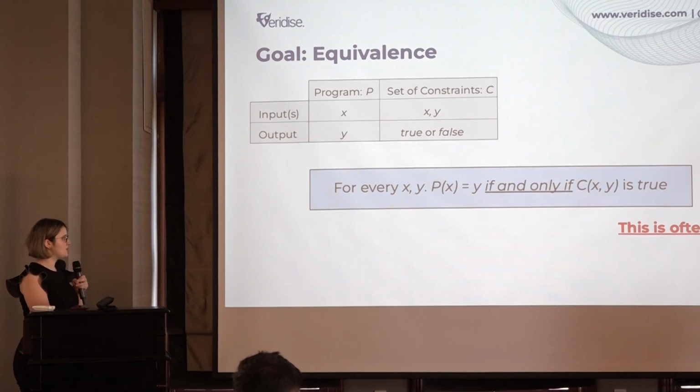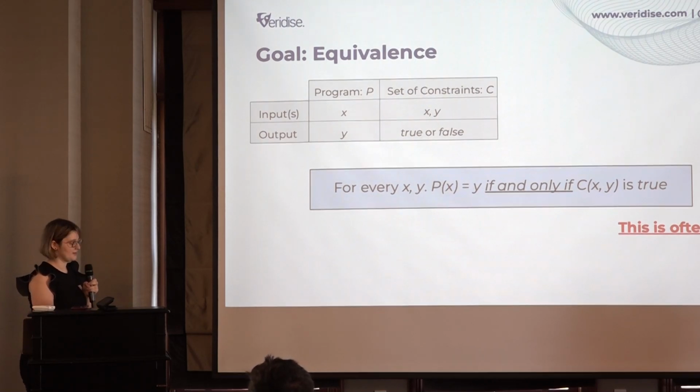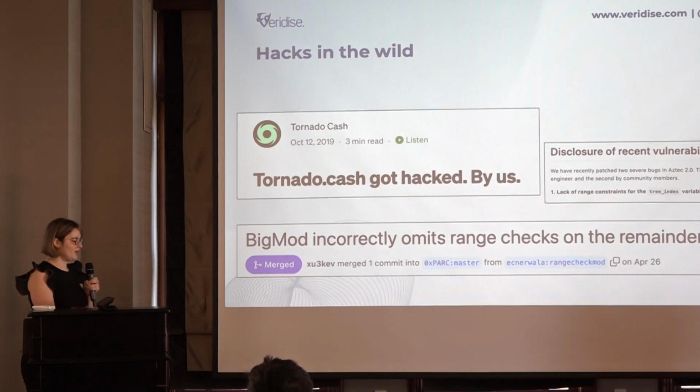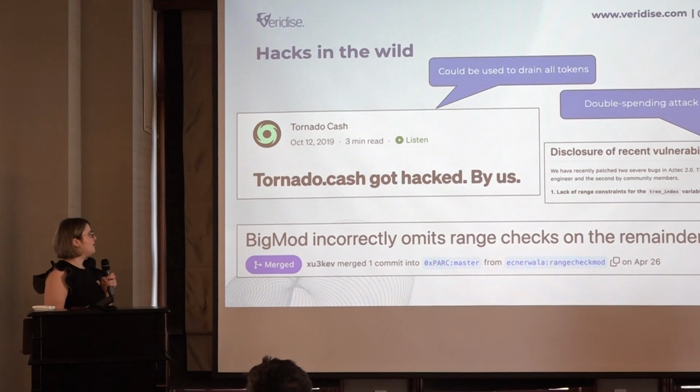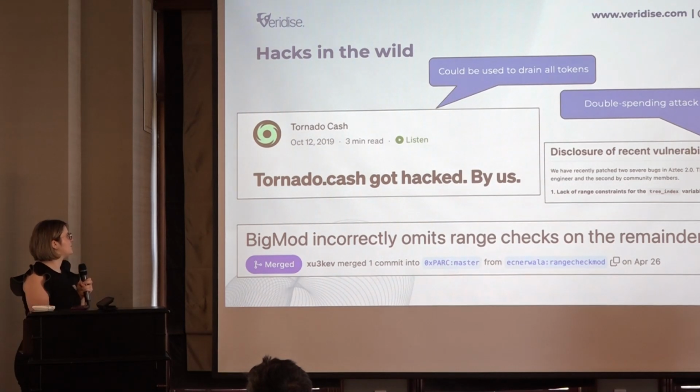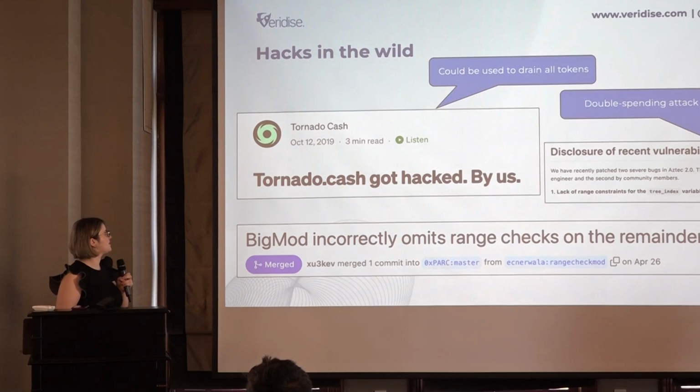And we actually saw in many cases that this property is often violated and results in very severe financial losses. One of the examples is actually the Tornado Cash hack, where all the tokens could be drained.